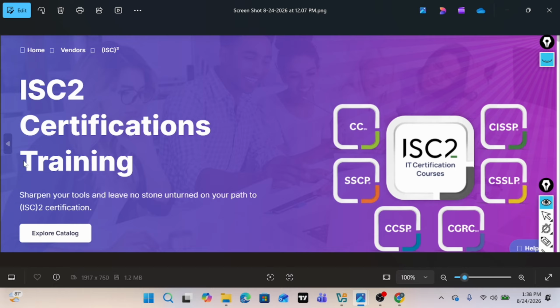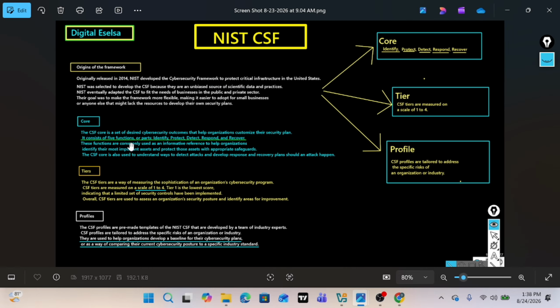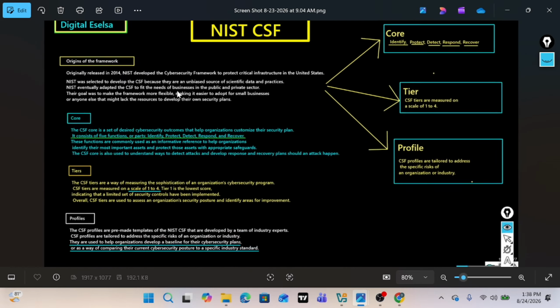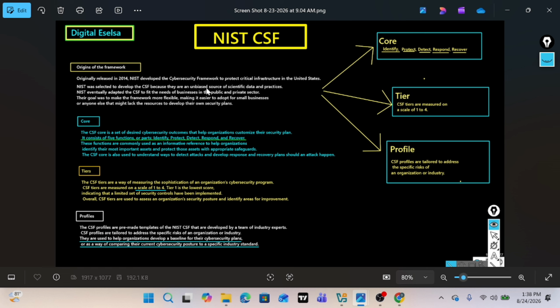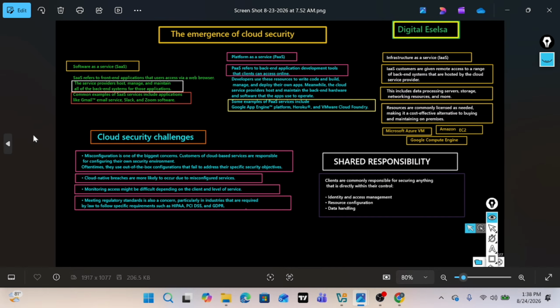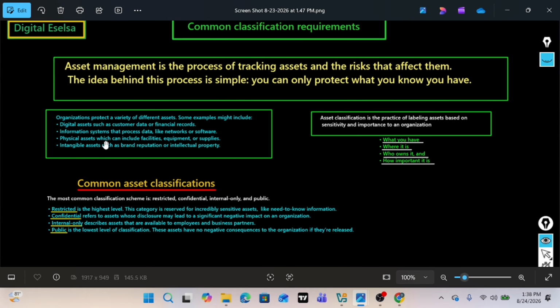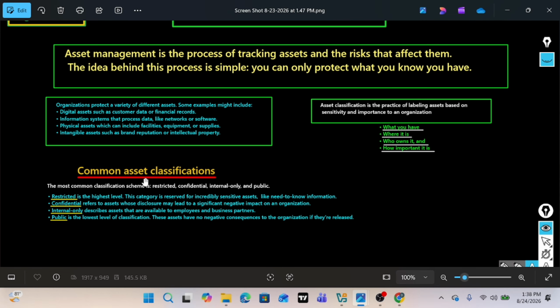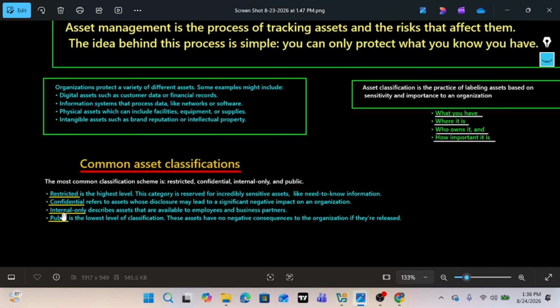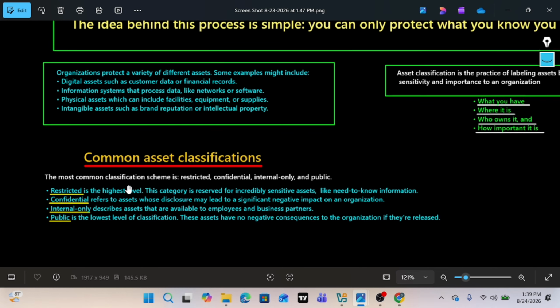Remember, the topic is access, threats, and vulnerability. We looked at asset classification and asset management. We looked at what an asset is. We've seen different types of assets that need to be protected. We saw that we have digital assets, information systems, physical assets and all the rest, and then common asset classifications that we have: restricted, confidential, internal only, and all the rest.